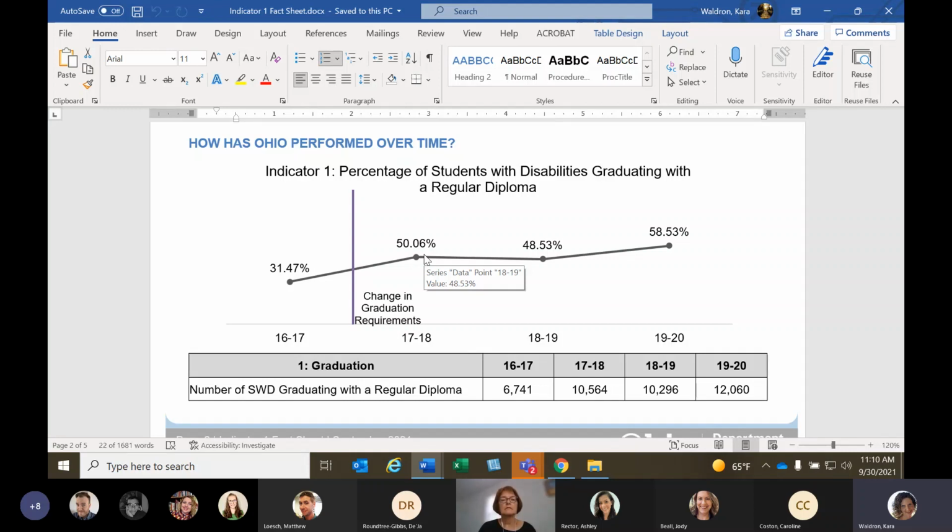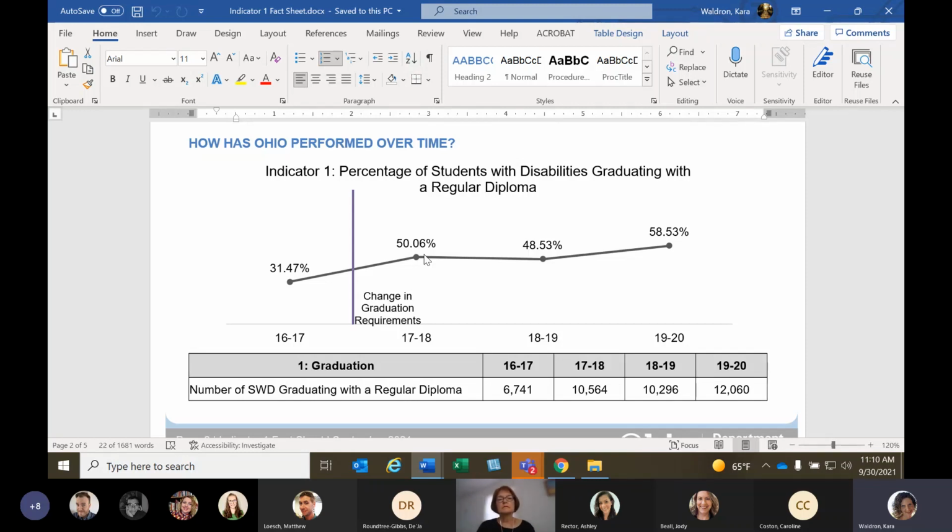But we definitely want to acknowledge that it isn't an apples to apples comparison, right? We had that increase largely because of those additional pathways that the legislature passed, starting with the class of 2018. All students could graduate now by a combination of things like attendance and GPA, and those types of additional approaches.